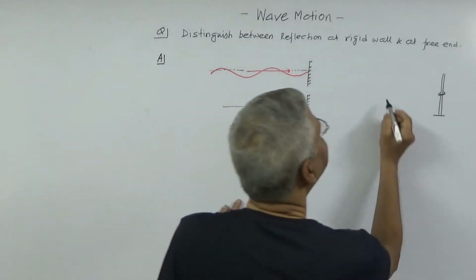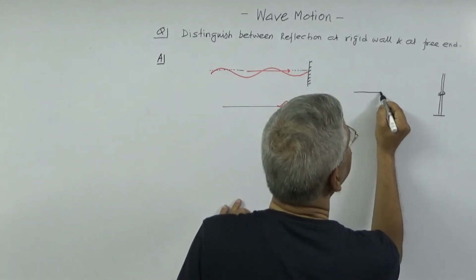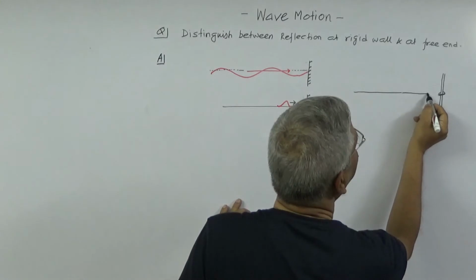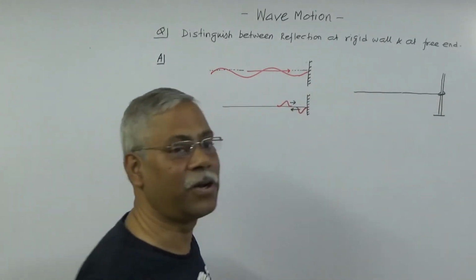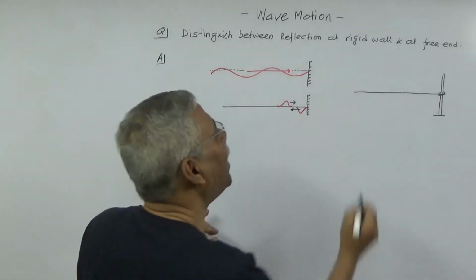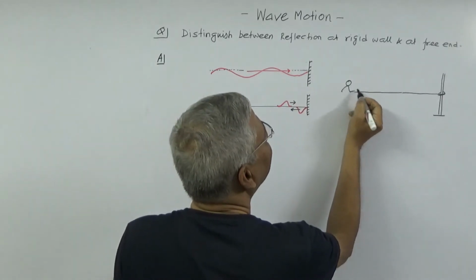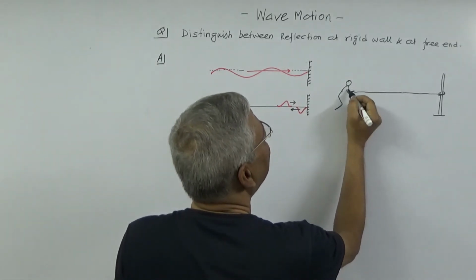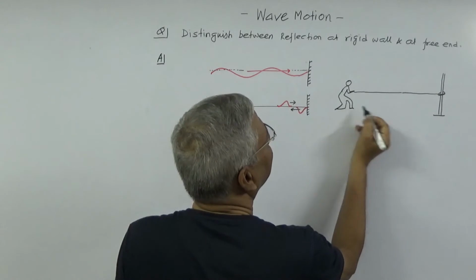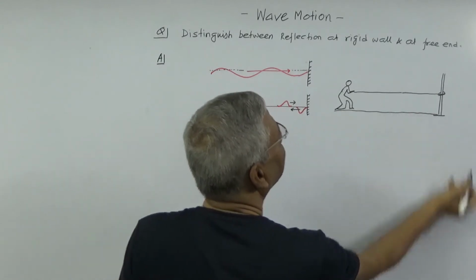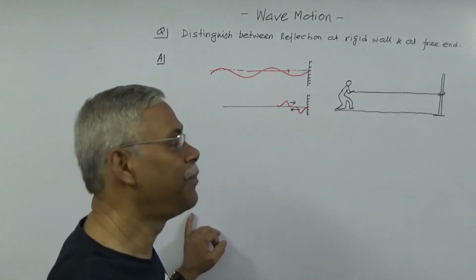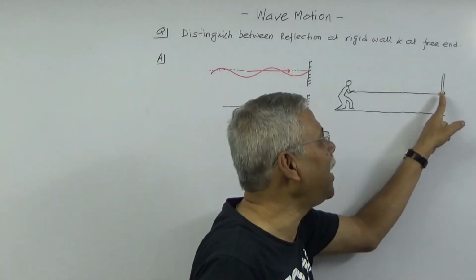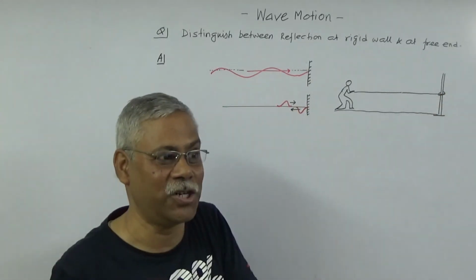Then this is a string connected to the ring, and a kid is producing a jerk in it. This end is called a free end.